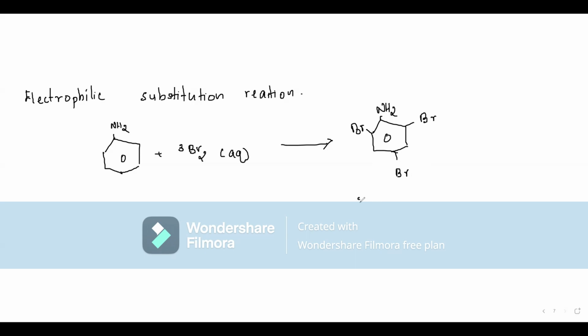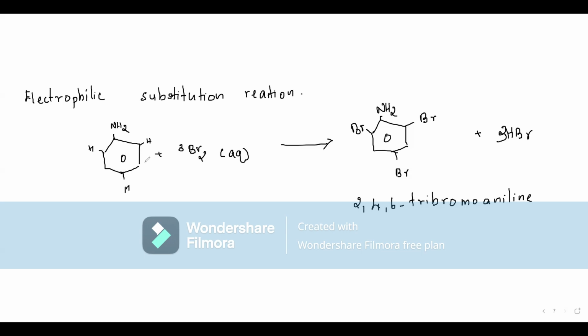Now, this is called 2,4,6 tribromo aniline, which is a white precipitate, plus 3 HBr. Okay, so all these positions, we actually have hydrogen.